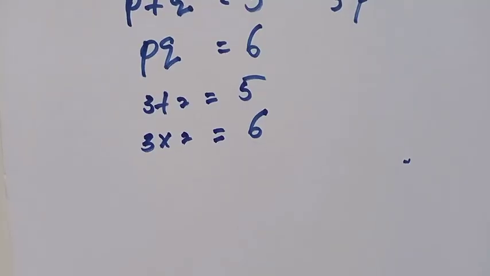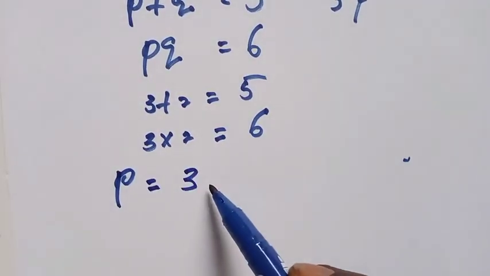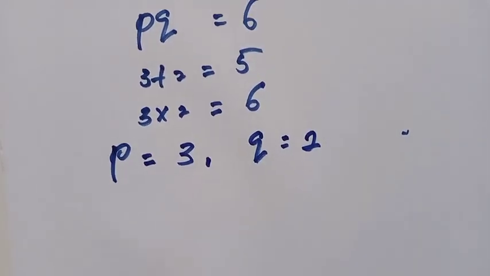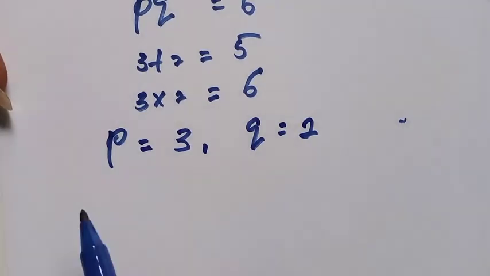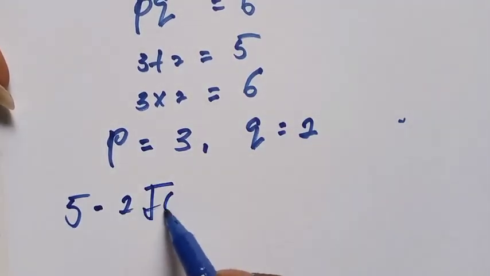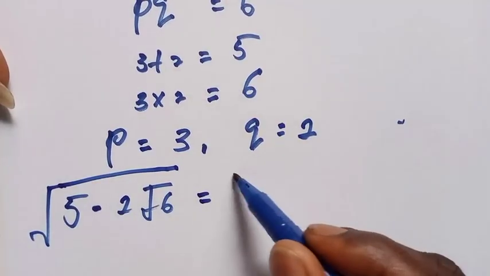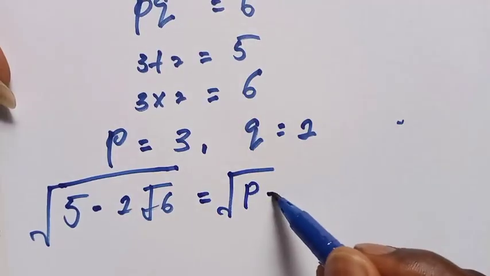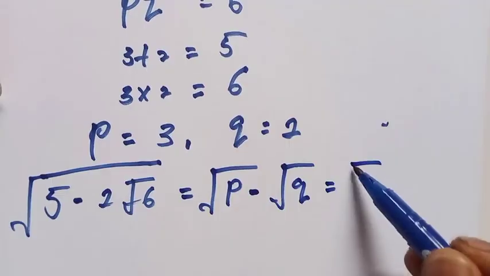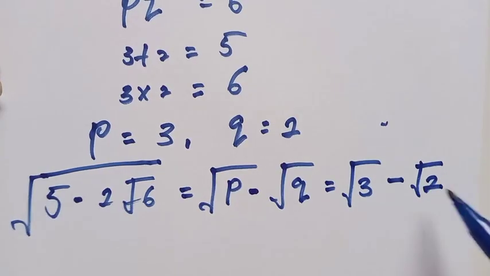So from this point, this implies that our p is equal to 3 and our q is equal to 2. So 5 minus 2 root 6 is equal to root p minus root q, which equals root 3 minus root 2.